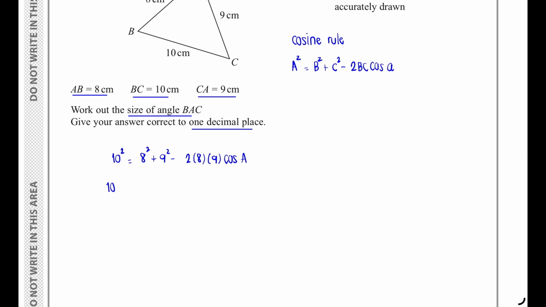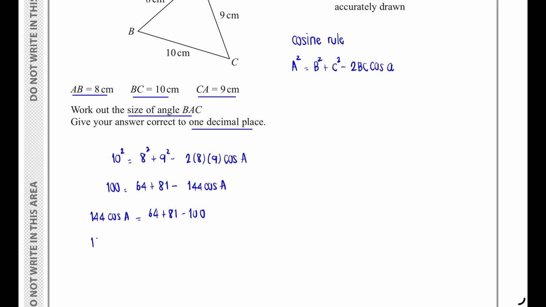So we will have 100 equal to 64 plus 81 minus 144 cos A. So I will move 144 cos A to the left, and it will become positive. And I will move 100 to the right, and it will become negative. Okay.